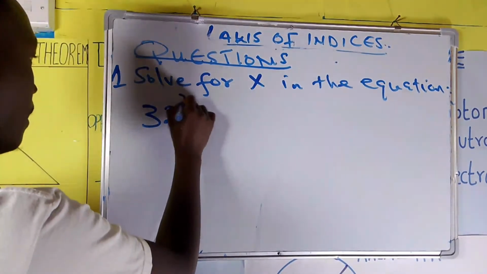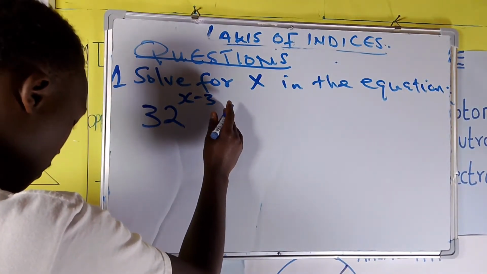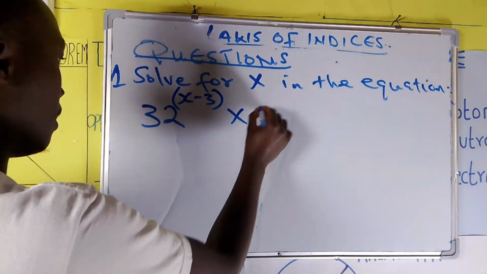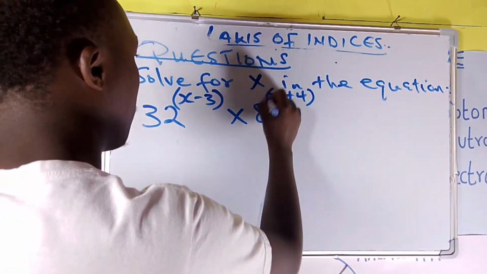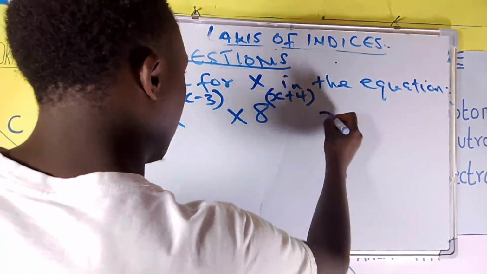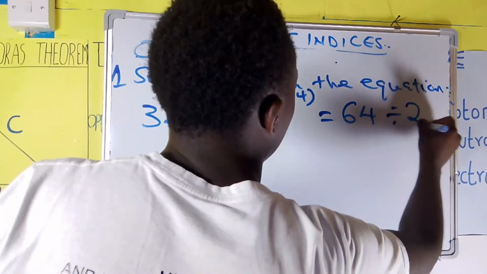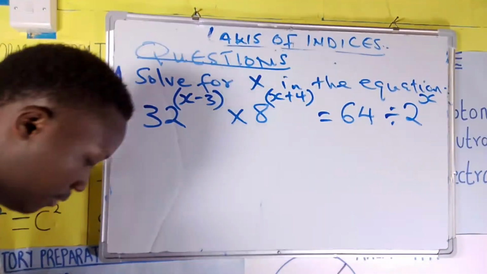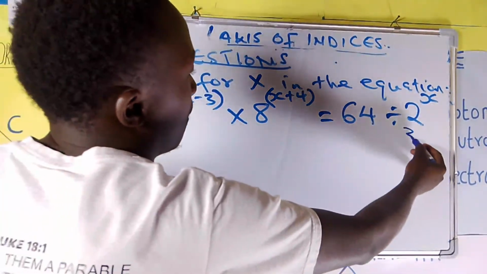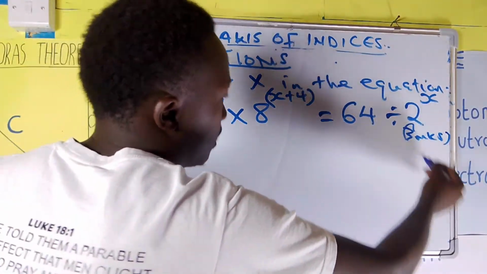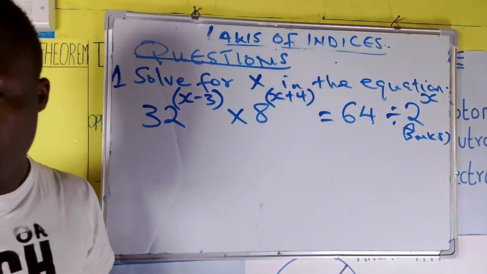It is 32 to power x minus 3 times 8 to power x plus 4 is equal to 64 divided by 2 to power x. 3 marks. This was a KCSE question. I want us to respond to that question.